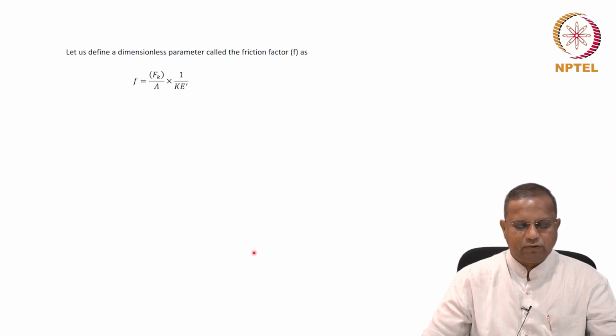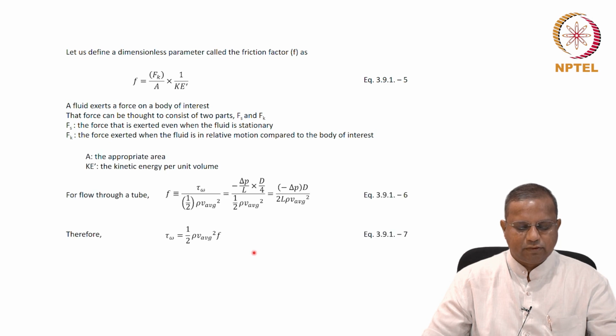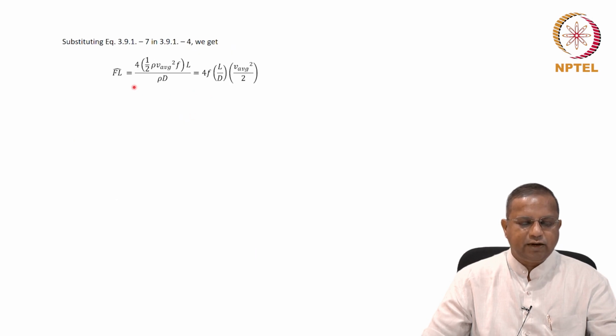If we substitute that, we'll get FL hat is 4, and instead of tau W we have half rho v average squared F, times L by rho d. So this turns out to be 4 F L by d, times v average squared by 2.